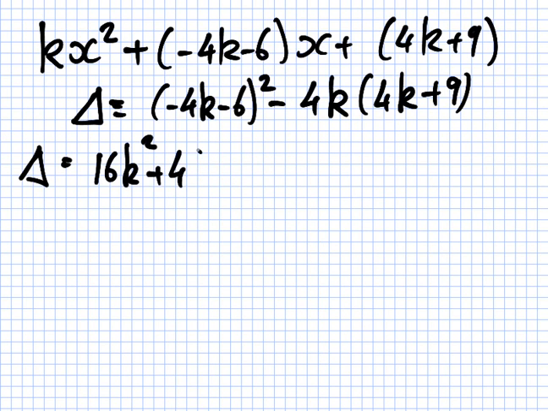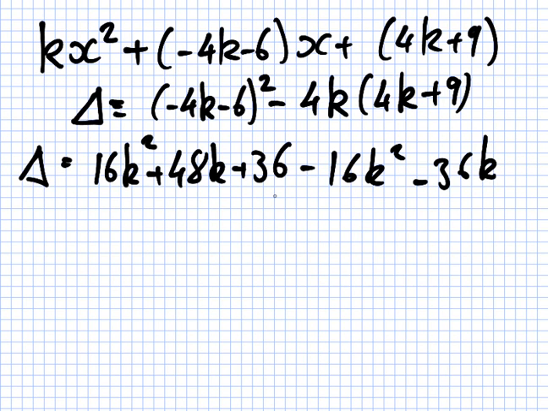Plus 48k plus 36 minus 16k squared minus 36k. So the discriminant is equal to 32k, because those two go together, plus 36.